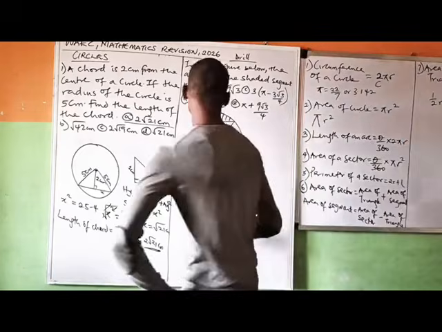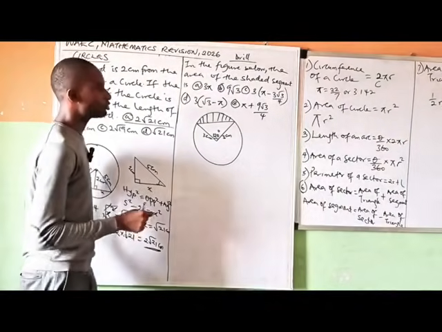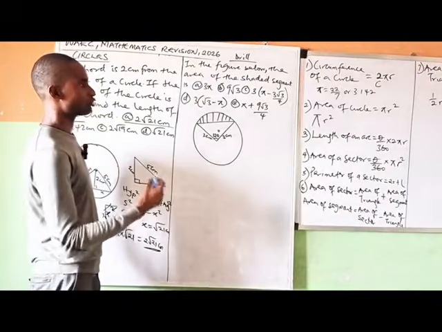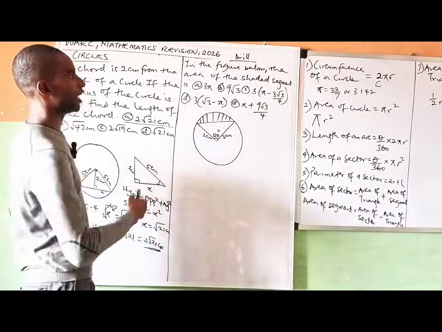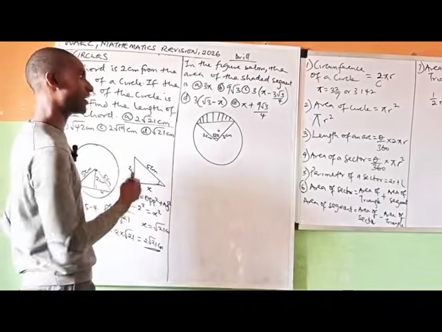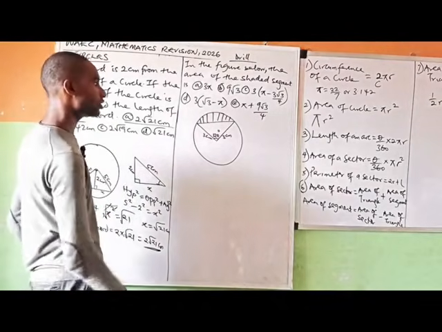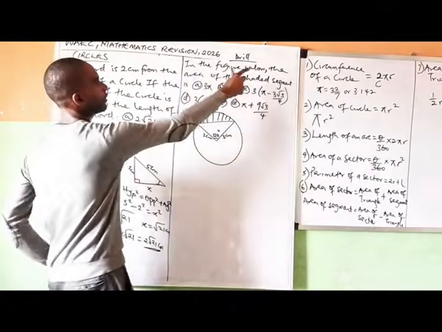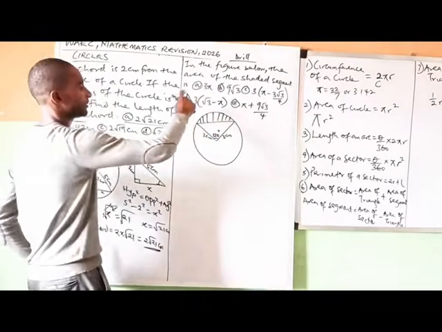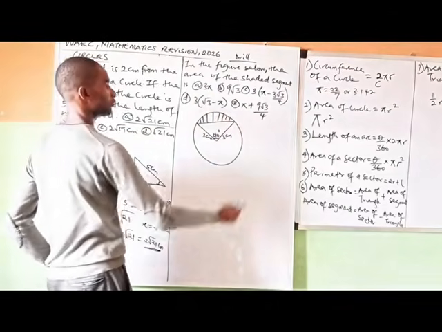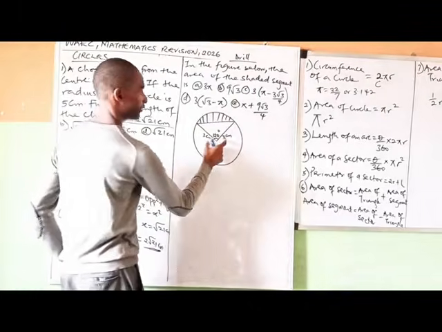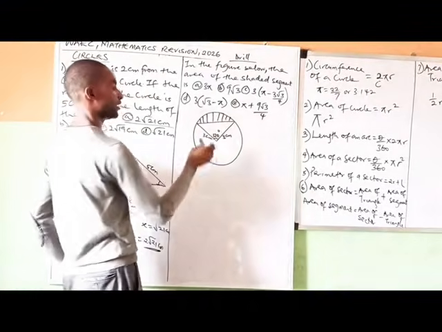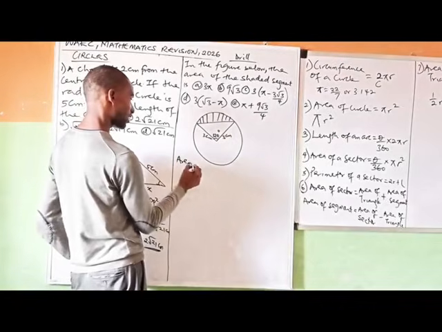So the first thing we have to do is calculate the area of the sector. Look at it in the figure below, the area of the shaded segment.